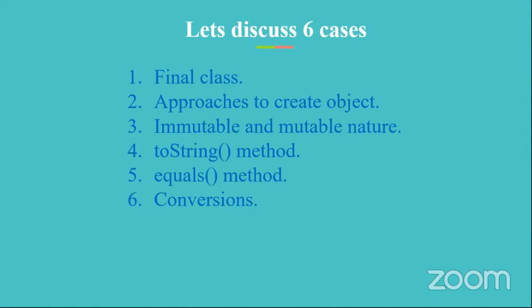We also discuss the toString method and equals method, and conversion of the string, that is, how to convert String to StringBuffer and StringBuffer to String. So we will discuss these six cases in this lesson under string manipulation.